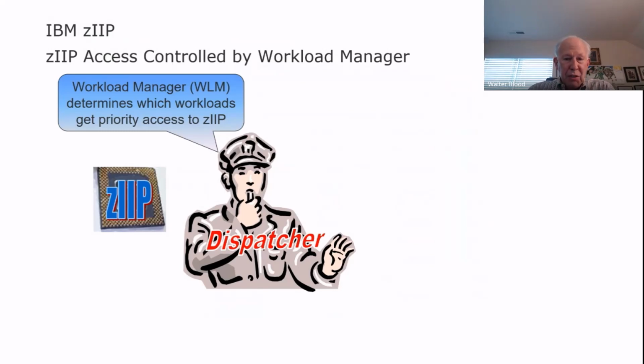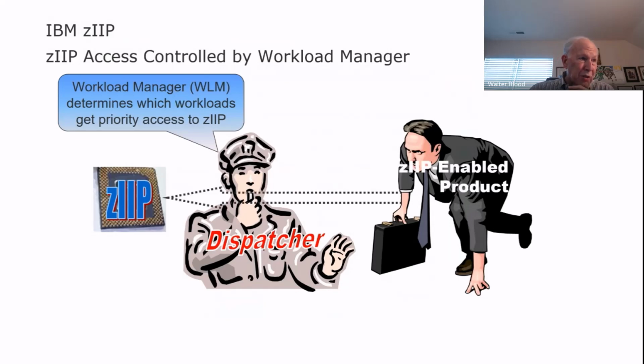And in the case of competition, when there are more workloads that want to go to the zIIP than zIIPs, then the workload manager is the one that makes the decision. You actually set up policies to make those decisions so that you make sure that the zIIP-enabled products can get to the zIIP. Products need to be zIIP enabled, and we'll talk about what that means. Products have to have certain characteristics in order to run on the zIIP.